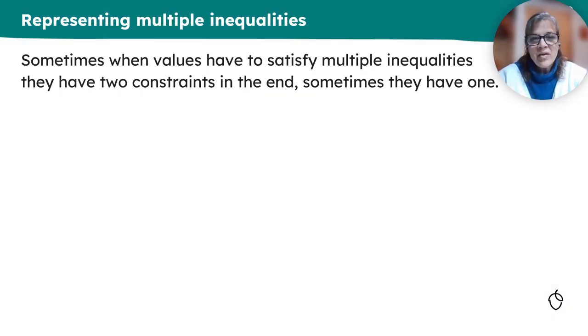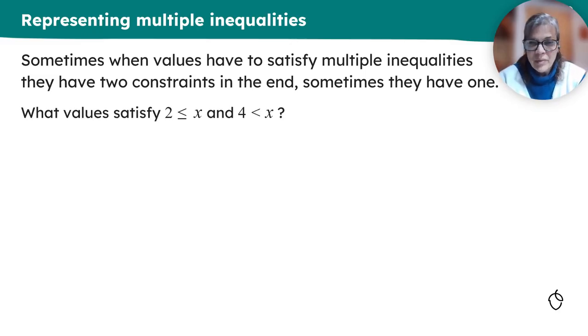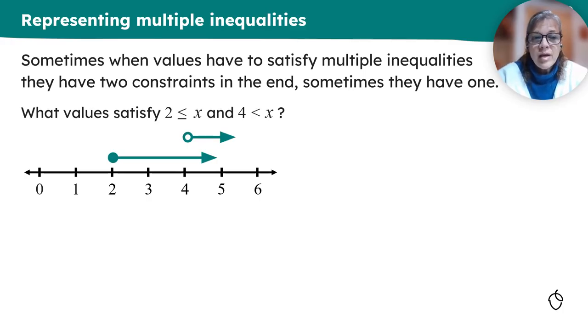Sometimes when you have a value with multiple inequalities, you end up with 2 things in the end, and sometimes one inequality actually overrides the other one. Let's look at this example. So what values would satisfy 2 is less than or equal to x and 4 is less than x? If I had these 2 and I said we have to have them both, here's what they'd look like on a number line.